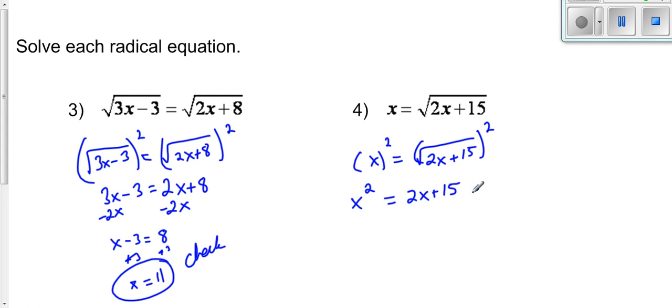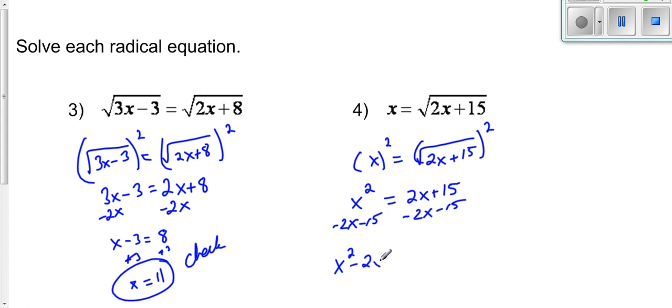One thing to remember is that we always want it equal to 0. And it's almost always easier if our leading coefficient is positive. So to keep this first term positive, let's subtract 2x and 15 from both sides in one step.